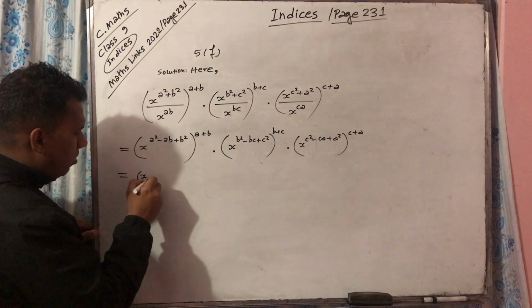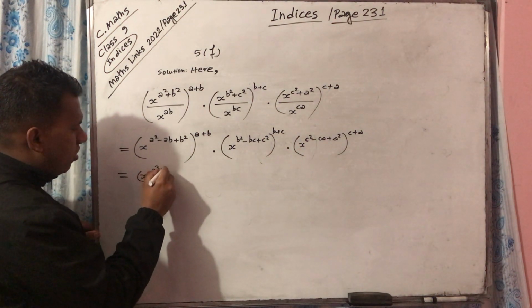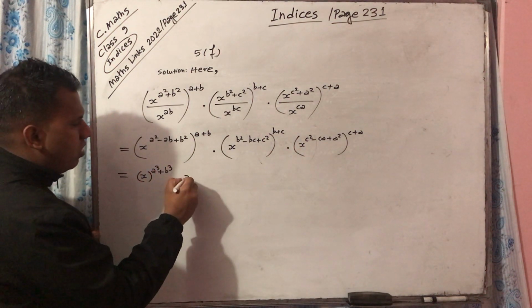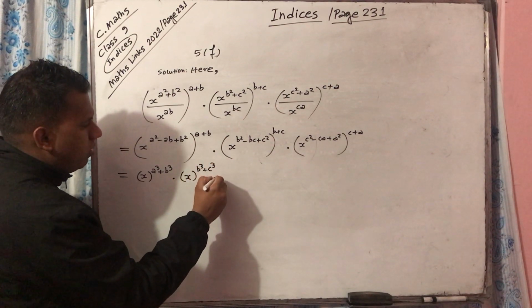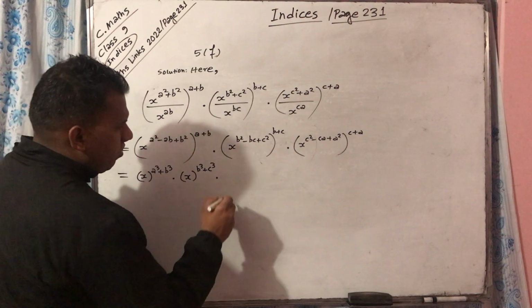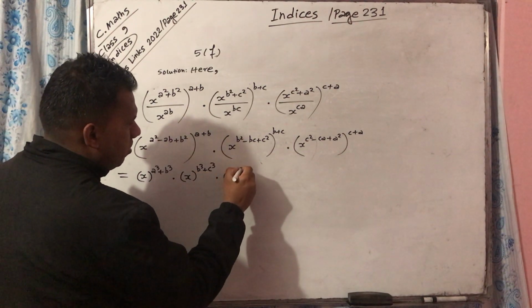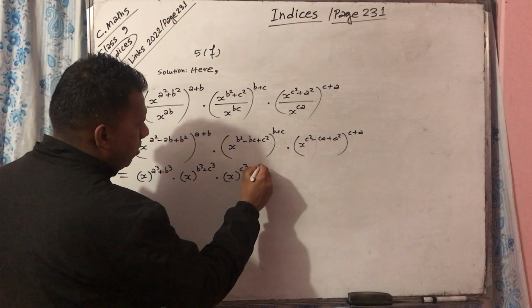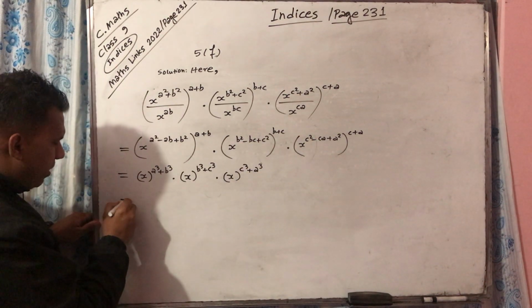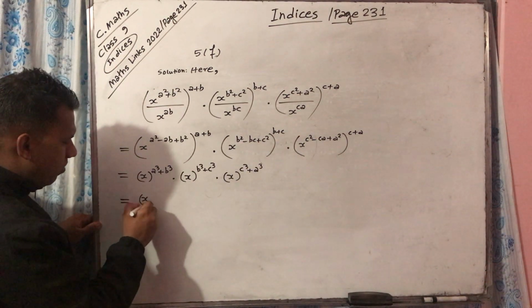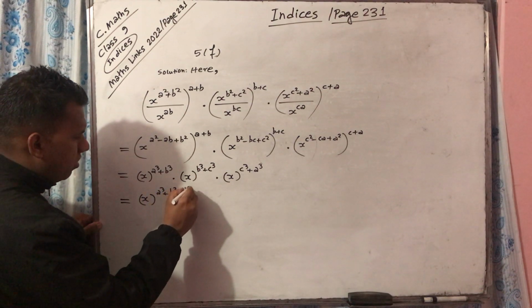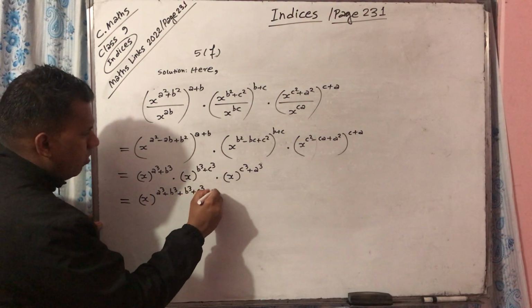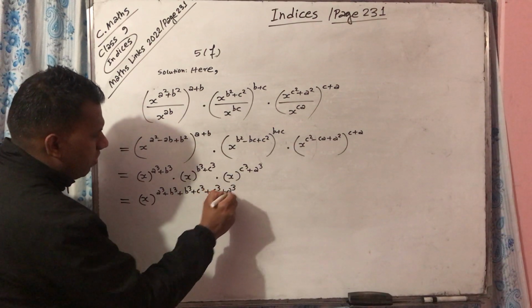So x to the power a cube plus b cube from the first, x to the power b cube plus c cube from the second, multiplied with x to the power c cube plus a cube from the third. Basically the same base, so powers can be added. So x to the power a cube plus b cube plus b cube plus c cube plus c cube plus a cube.